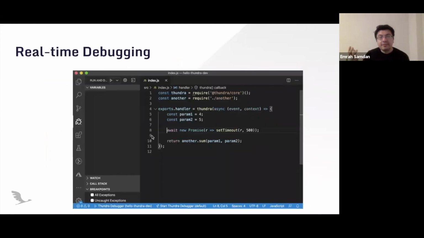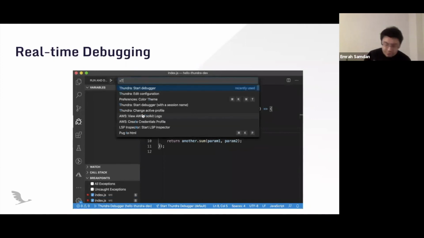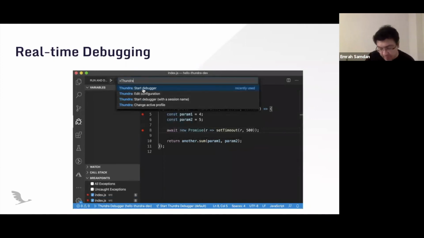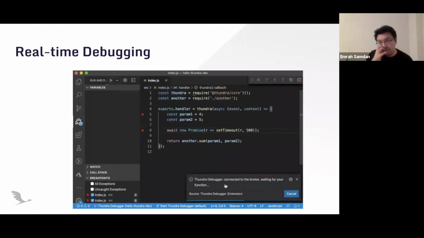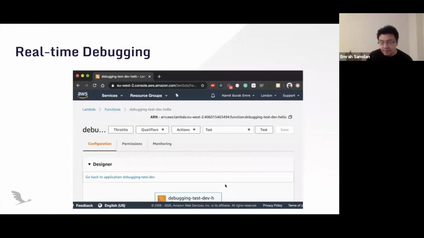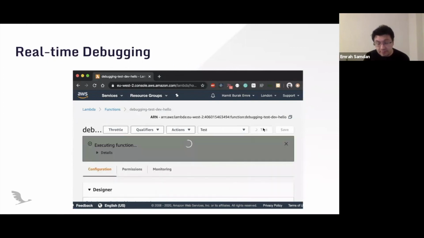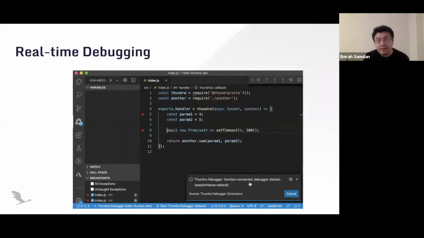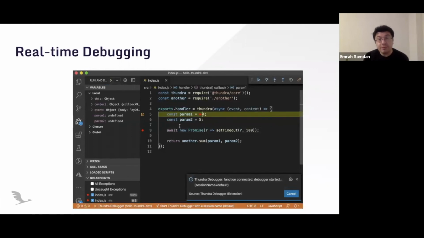The second one is the real-time debugging that we recently provided. This is the most product-pitch part of the presentation, but I should talk about it because this is something new. We developed a VS Code plugin, and a secure proxy makes the connection between your Lambda architecture and your IDE.